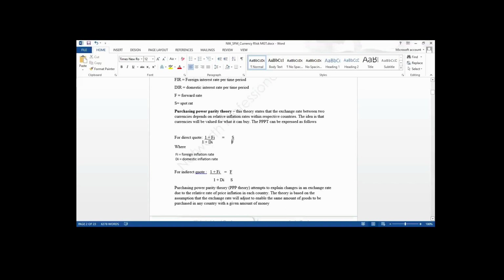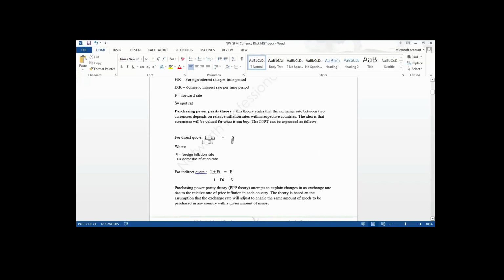The examiner will now ask you: a company is expecting inflows in 3 months, and the company is trying to hedge against fluctuation in exchange rates. Our company is based in Nigeria, we are expecting inflows in dollars in 3 months' time, and we are worried about fluctuation in exchange rates.